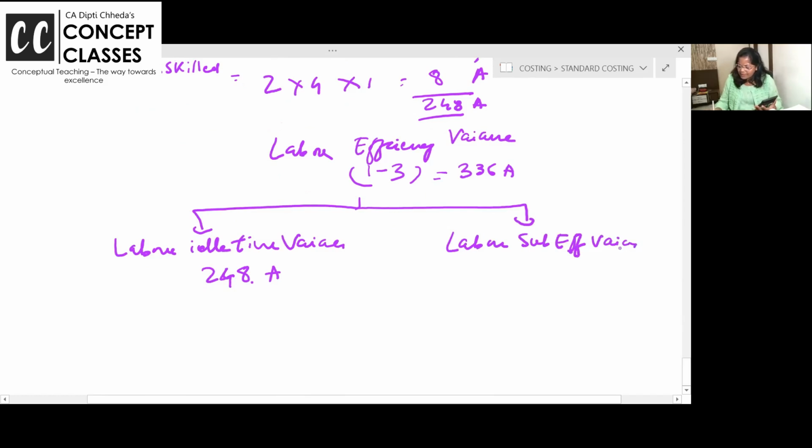Now how to calculate this? Balancing figure. 248 and 336, 88 adverse.